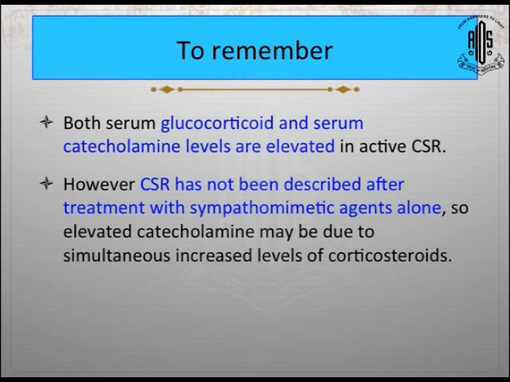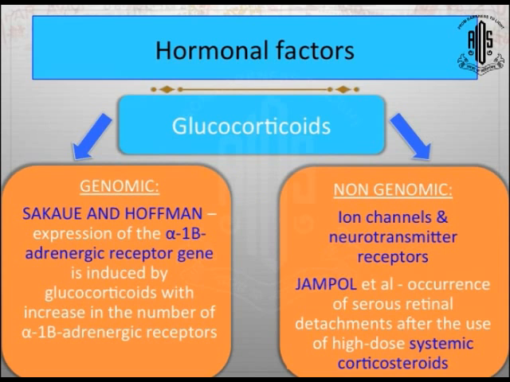So the glucocorticoids and serum catecholamines are basically elevated in CSR, but however, with the treatment of patients with the sympatholytic agents, that was not seen. So it was proposed that the catecholamine level was increased because of the increased level of steroids in the serum. Hormonal factors, glucocorticoids, are basically genomic and non-genomic.